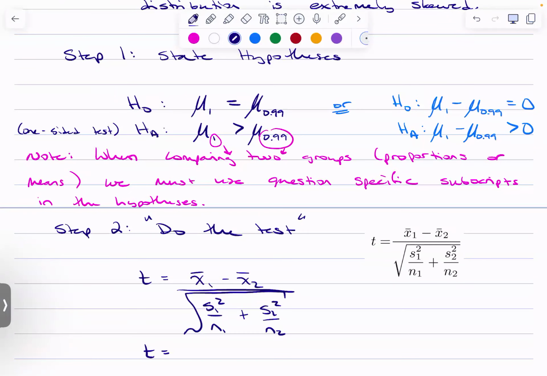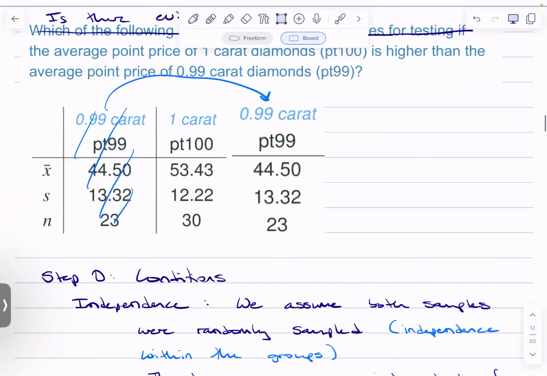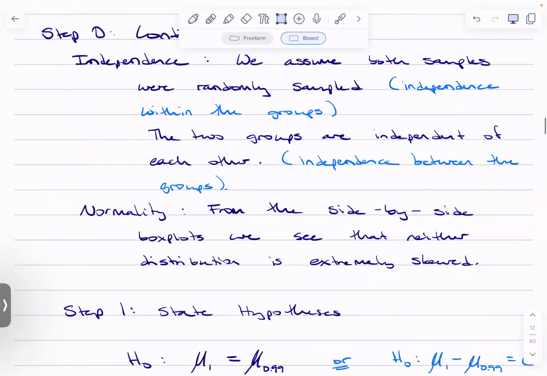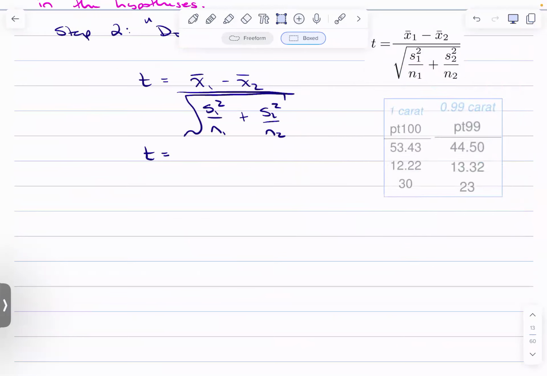All right. We have all this information, and so I'll go grab it. I moved it around a little bit. Copy. Paste.